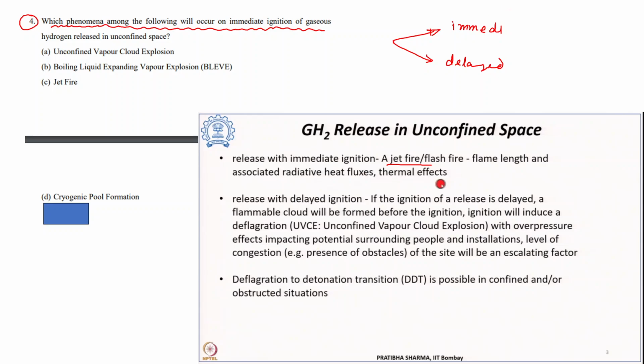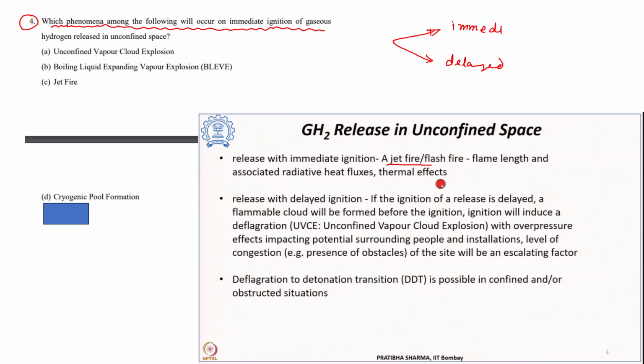Because the gas comes out at high pressure, the gas is not mixing with the air, so there will be no fire in the core, but the outer surface of that gas will have sufficient air mixture.